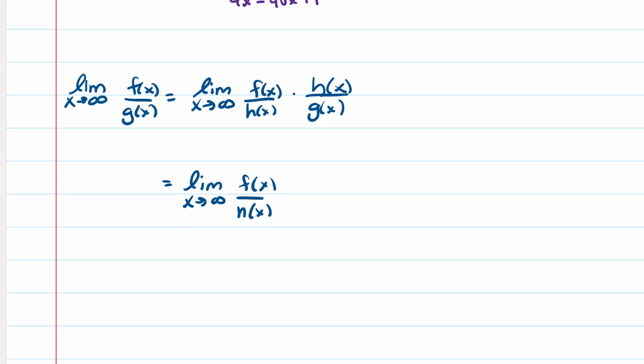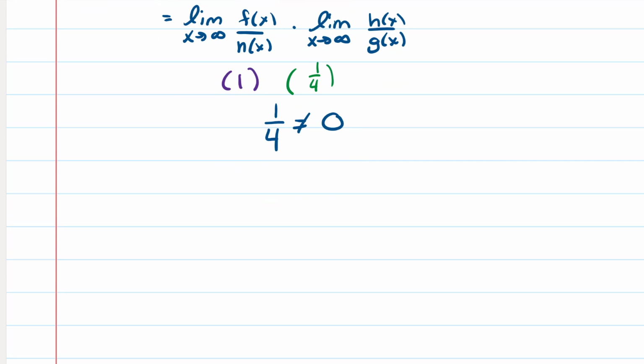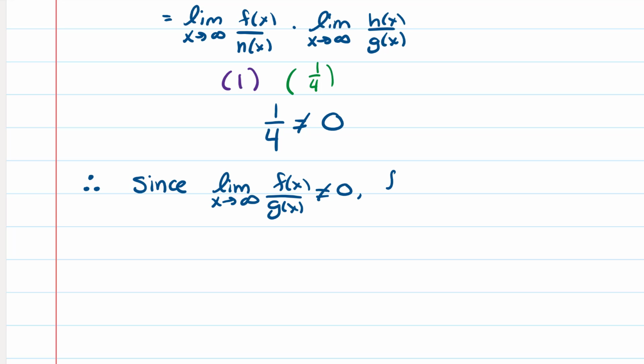And we found that the limit as x approaches infinity of f of x divided by h of x was 1, and the limit as x approaches infinity of h of x divided by g of x was 1/4. So 1 times 1/4 is 1/4, which is not 0. So since the limit as x approaches infinity of f of x divided by g of x is not 0, these two functions f and g grow at the same rate.